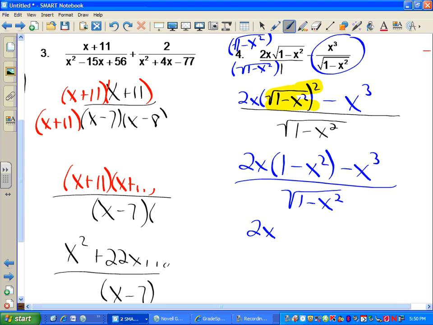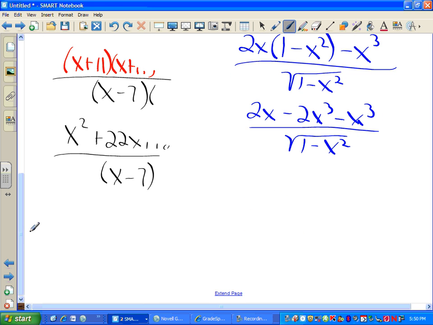Distribute, and we get 2x minus 2x cubed minus x cubed over the square root of 1 minus x squared. So combining like terms, we get 2x minus 3x cubed over the square root of 1 minus x squared.